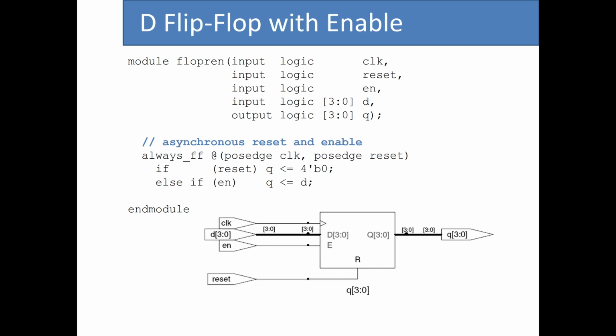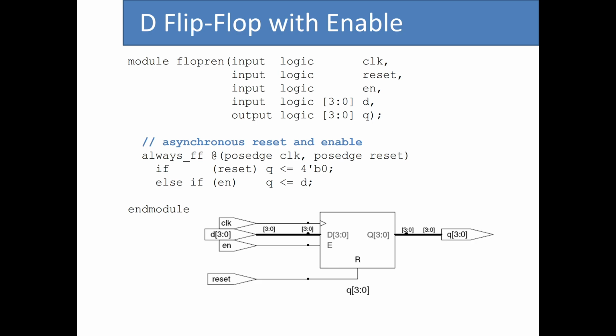What if we want to expand this design a bit more? We want to have an enable signal too. So if the reset signal is 0 and the enable is 1, then we want to change the output or store a new value.